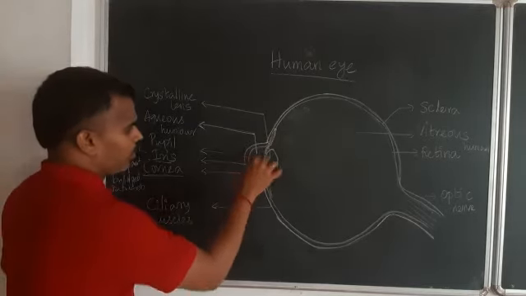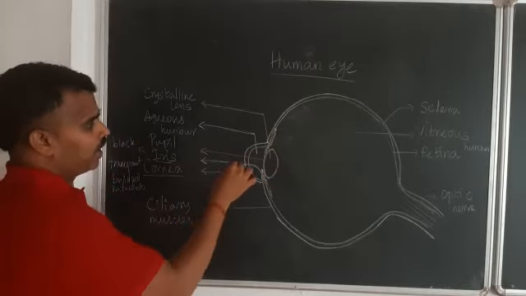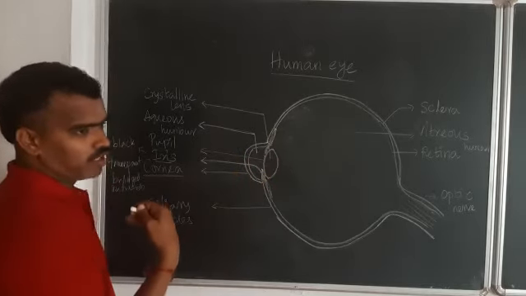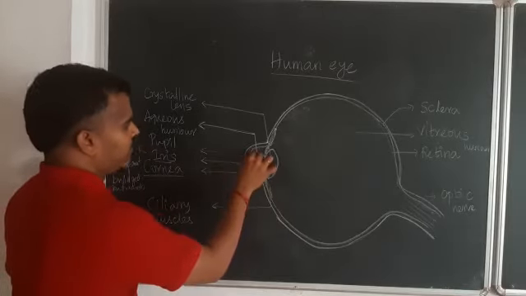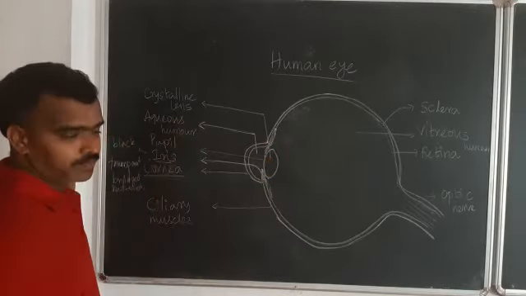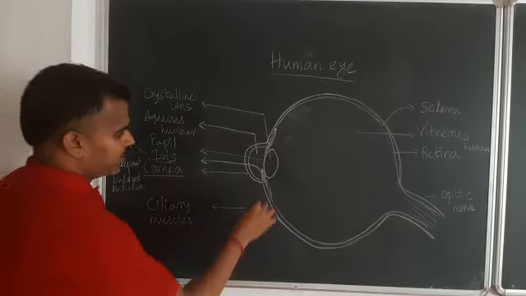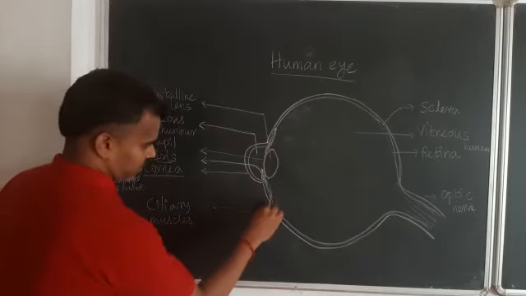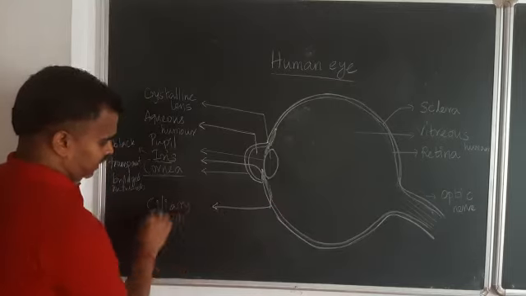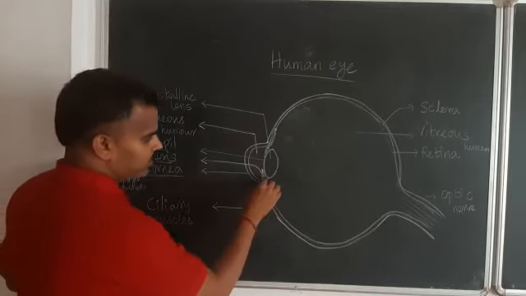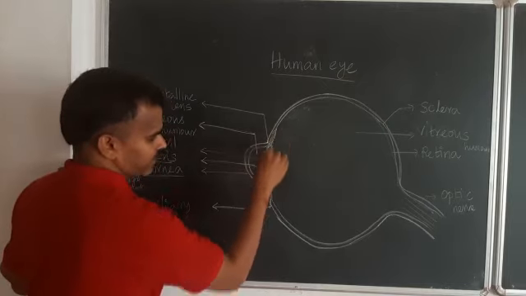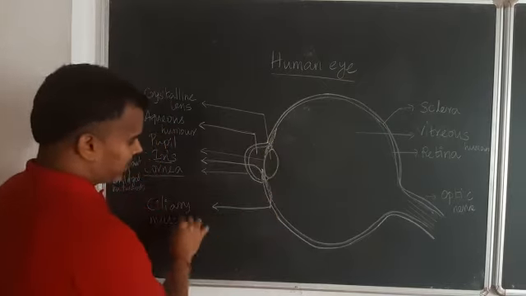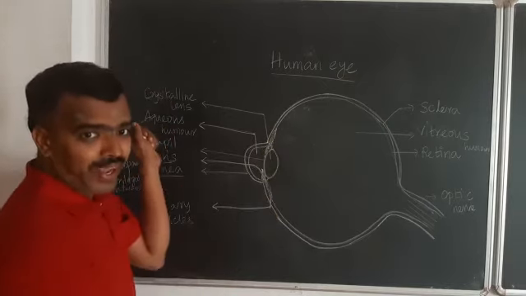Its role is to prevent any insect which falls in the eye by throwing it outside using the aqueous humor. These ciliary muscles hold the lens, and they can expand and shrink.